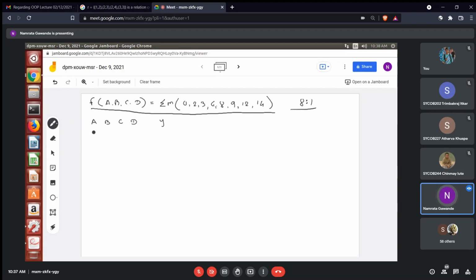For A, B, C, D, we need to write the combinations from 0, 0, 0, 0 to 1, 1, 1, 1, right?